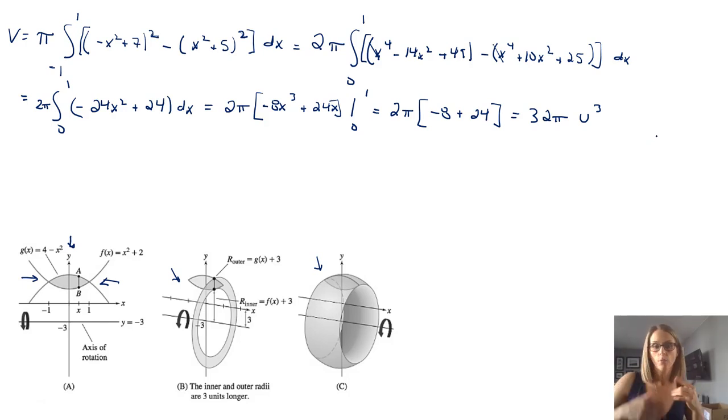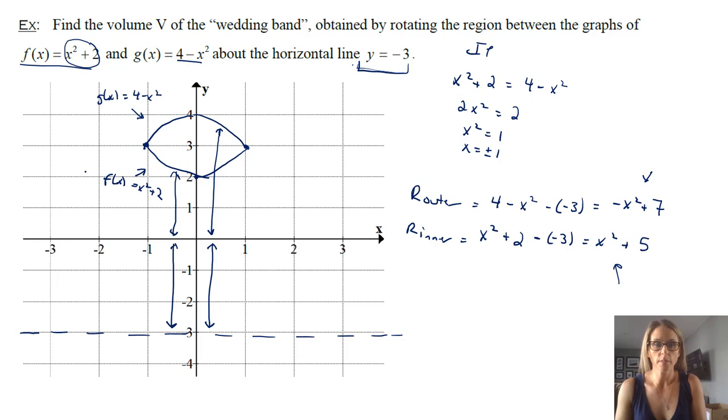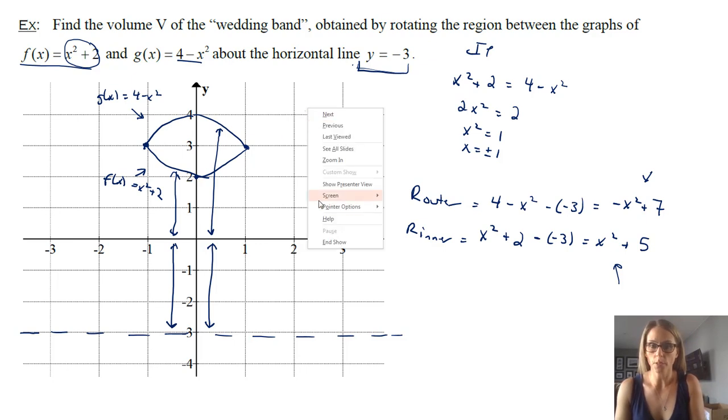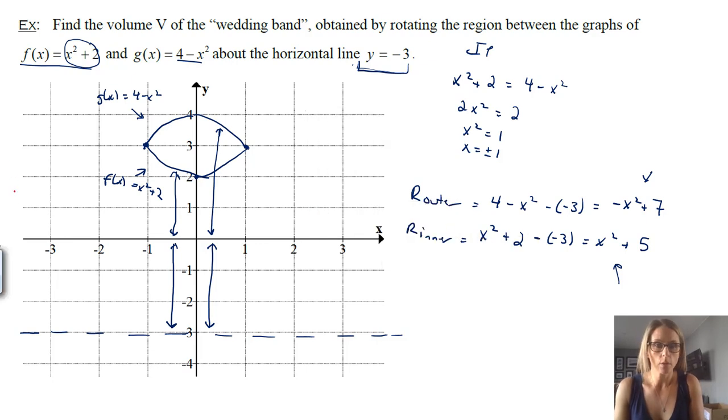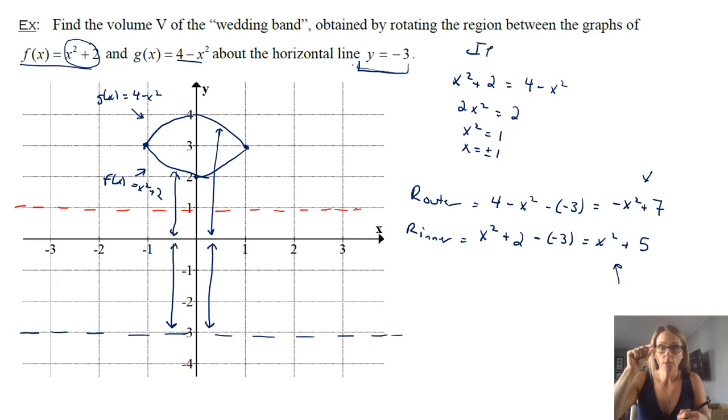So that was an example of rotating around an axis of rotation. One thing I do want to mention is that notice we subtracted a -3. And the reason why that's important is because if, say for example, and I'm just going to draw on this, but know that this is not part of the problem that we just did, if you had instead this line, y equals 1, you notice that that actually makes the radius shorter because you're not even reaching the x-axis to rotate around.